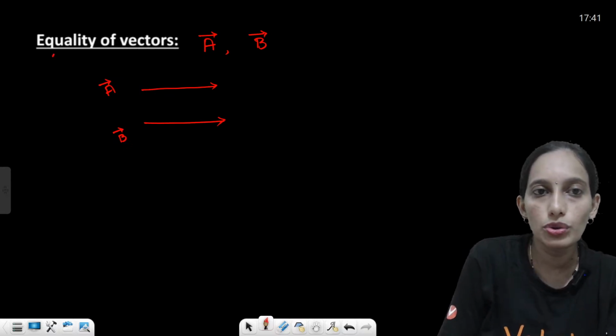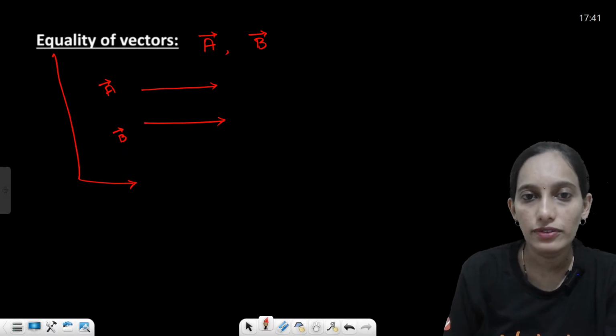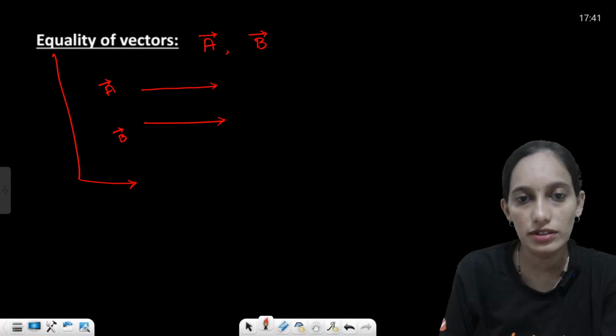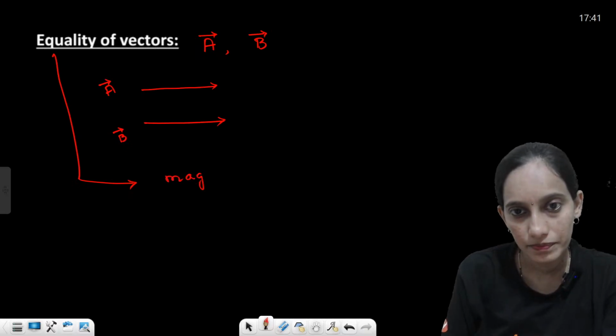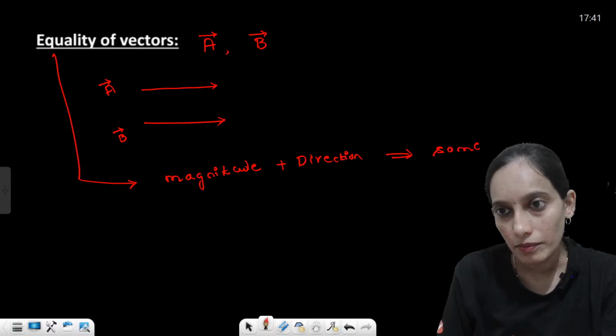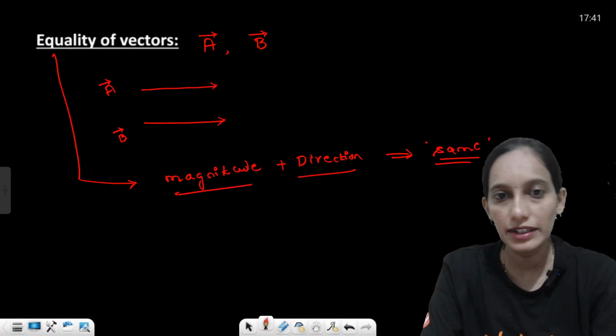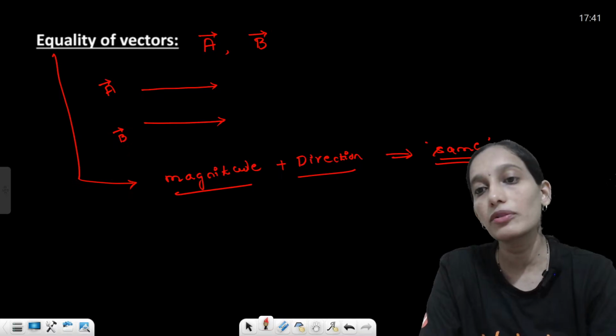Two vectors can be called equal if and only if their magnitude and direction are the same. This is very important. Only if both magnitude and direction are the same do we call them equal vectors.